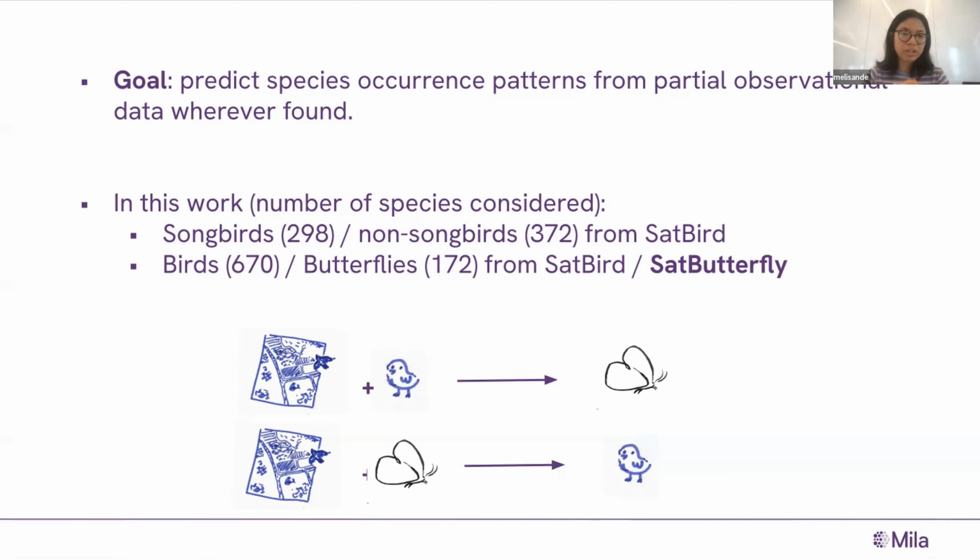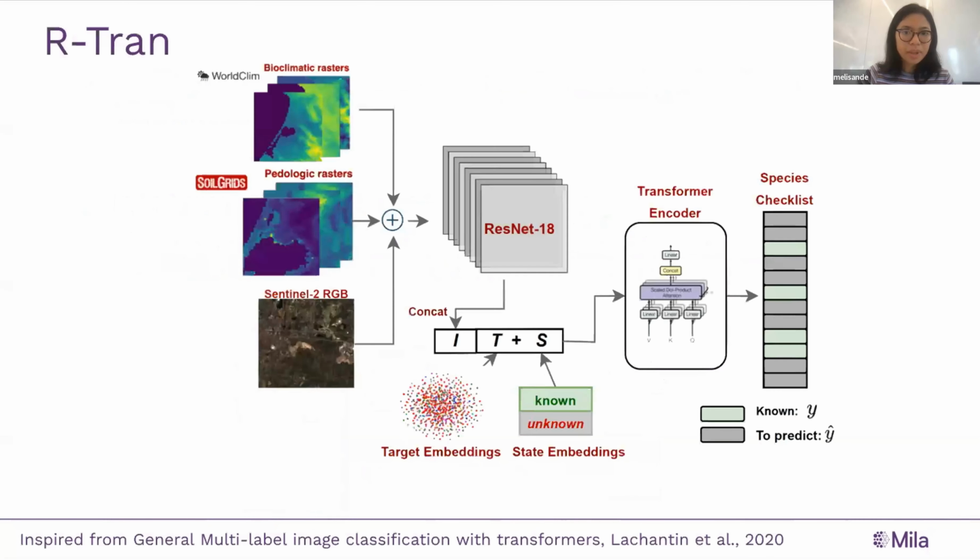I mentioned trying to predict birds from butterfly species and vice versa, and for that we created a dataset in the same way as for SatBird, which we called SatButterfly. And then we looked at another task within just the SatBird dataset by splitting the bird species into songbirds and non-songbirds.